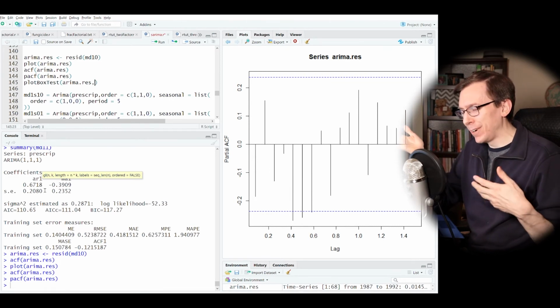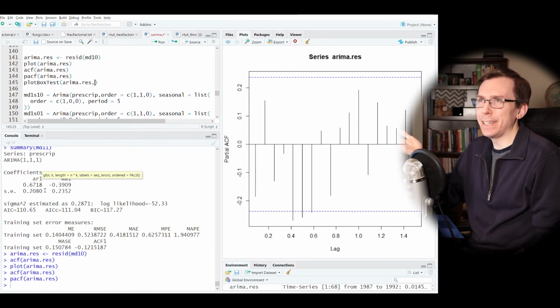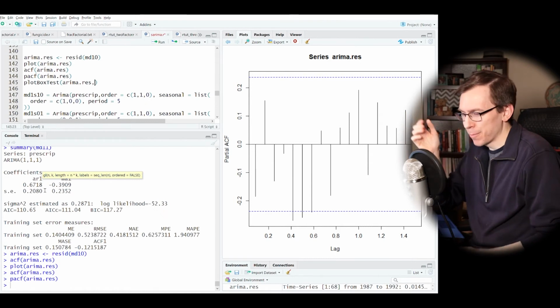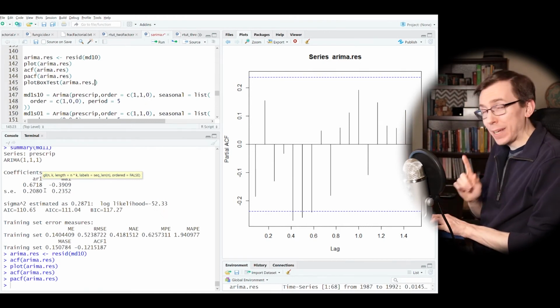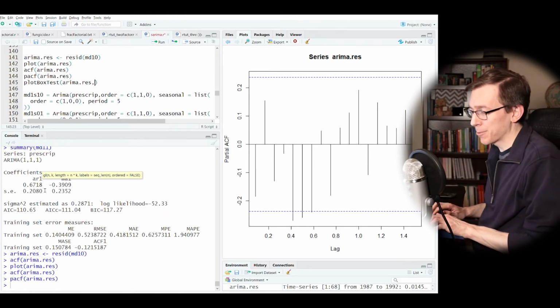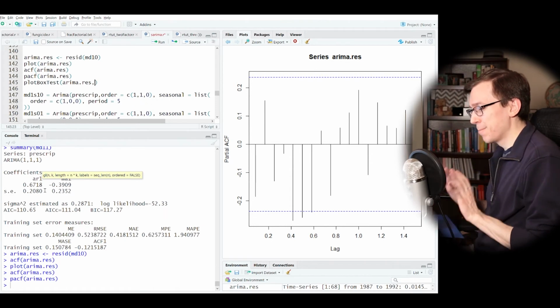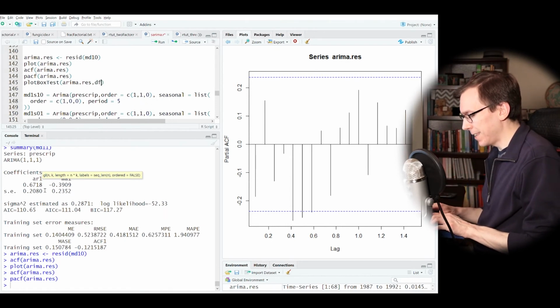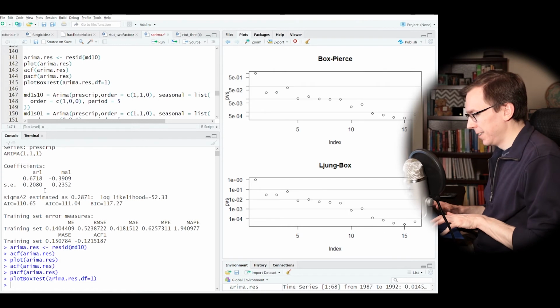So by default, it says I'm not going to fit a mean because you just took a first difference and would have deleted the mean anyway. We can fit a drift, though, and that would be something interesting to consider later. But right now, we're just going to say that we have one parameter.